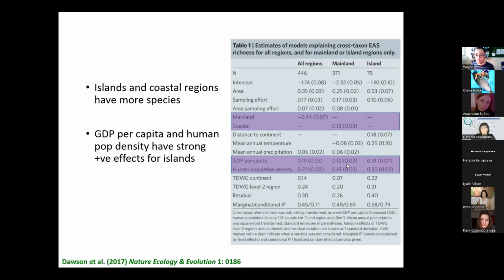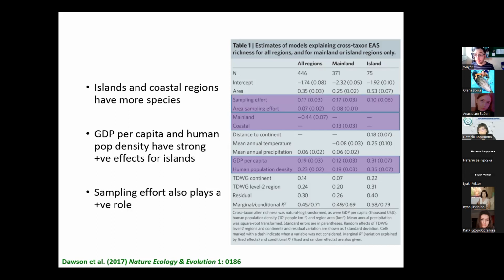We also see it when we look separately at mainland regions, but if you notice the size of these numbers, they're larger for the island regions. So that suggests we've got a stronger, steeper relationship between GDP per capita, population density, and established species richness for islands. Okay, the effect of increasing GDP or population density by 1 unit is greater for islands than it is for mainland regions. It's quite interesting.